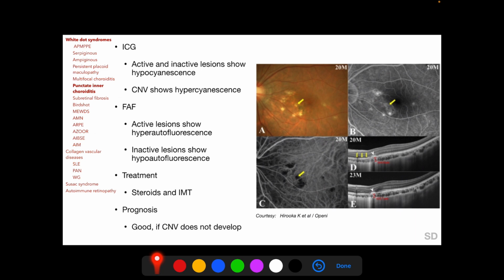If CNV occurs, then we will find early phase hypercyanescence, and on fundus autofluorescence, active lesions show hyperautofluorescence and inactive lesions show hypoautofluorescence. On OCT, we find sub-RPE elevations, as we had seen in MCP, and treatment includes steroids and immunomodulatory therapy. Prognosis is good if choroidal neovascularization does not develop.